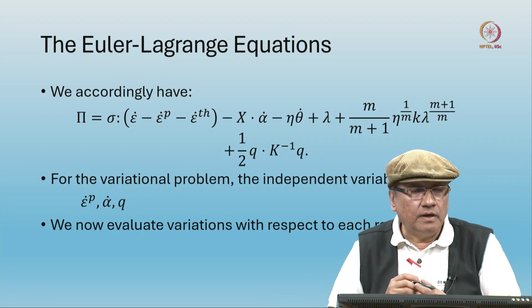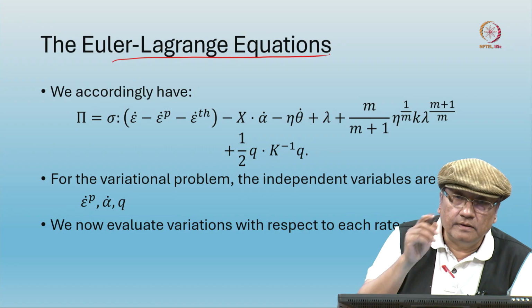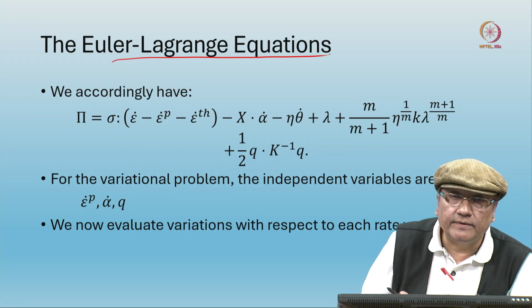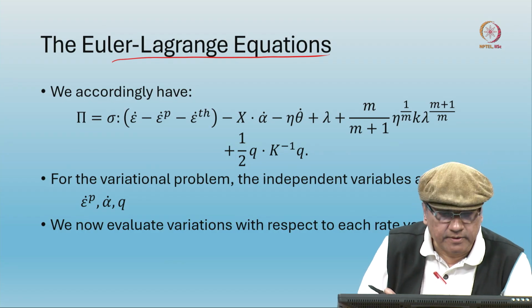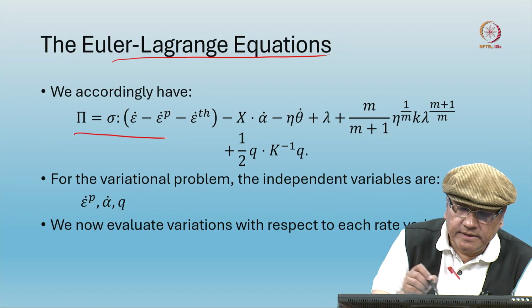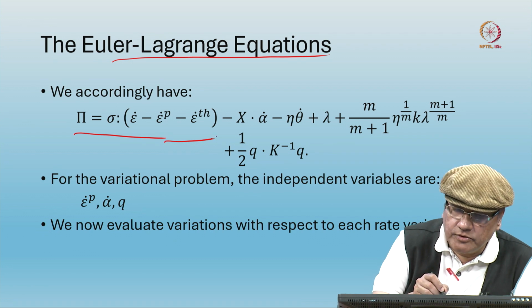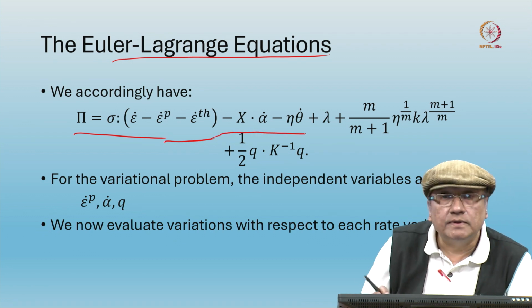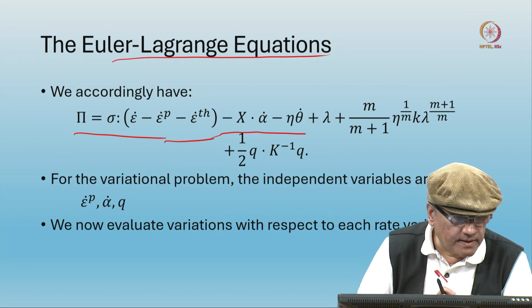Since our purpose is to derive the Euler-Lagrange equations, we need to take the variation of the entire rate functional, or the rate potential. So write the rate potential pi. This is the first part, the part corresponding to psi dot, which we just saw in the last slide.